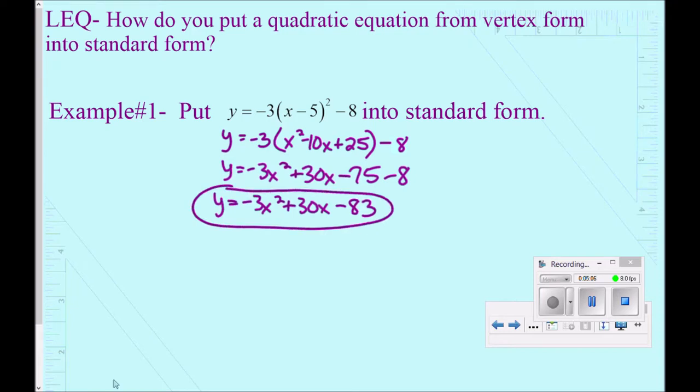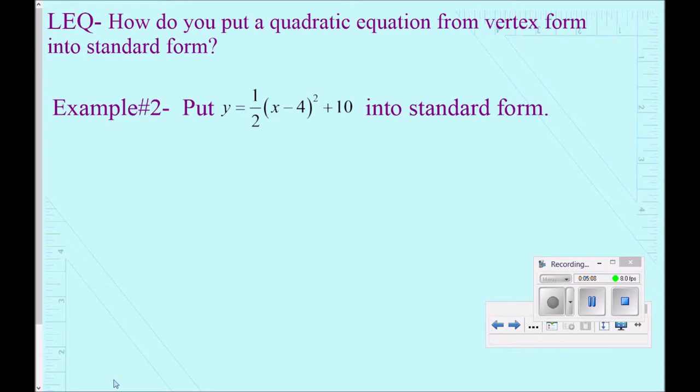Okay. So we'll try another one. Same approach. I'm going to square the binomial first correctly. Okay. And then I'm going to distribute that 1/2.